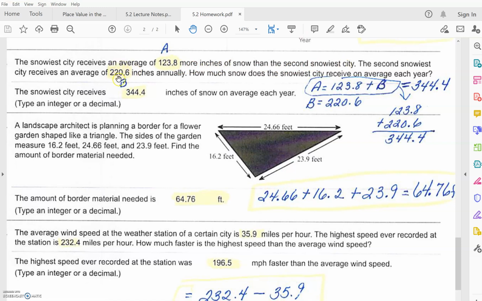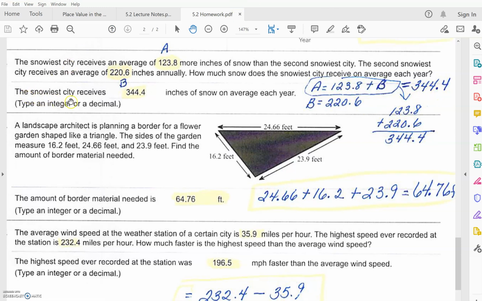And the second one is this B. So how you're going to write that out would be 123.8 plus whatever B is, because it's saying that many inches of snow more than the second snowiest city. So that means whatever that second city is, you add on, just like I have written right here, you add on that 123.8, which gives you 344.4.